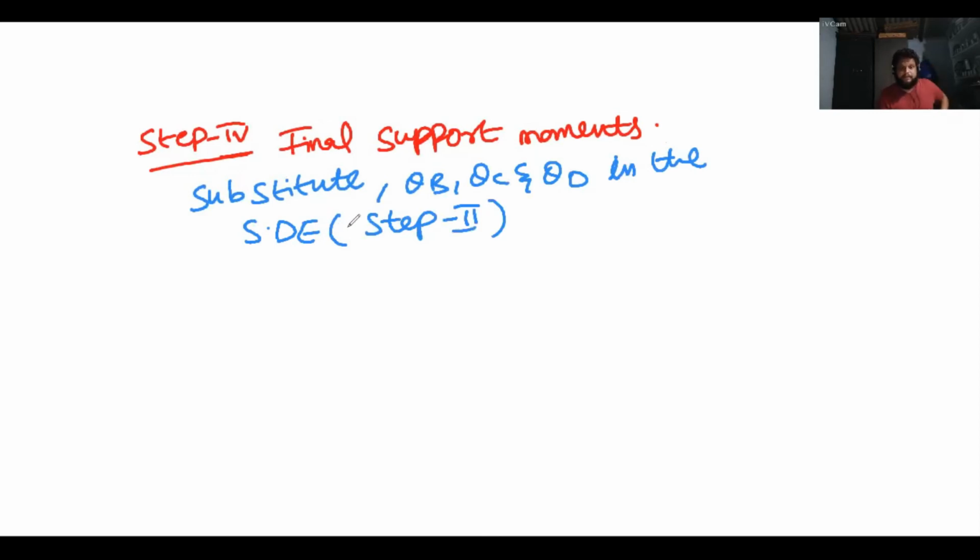These are the final support moments. I am directly writing these final moments; you please calculate it. Just substitute in our slope deflection equations and you will get it. So please take those values. My MAB value, first the AB span, we have to consider. Let me write that.